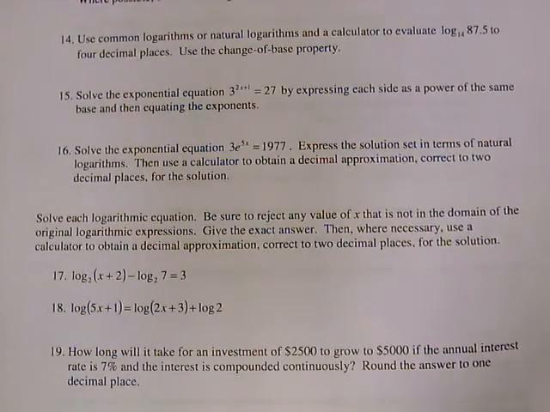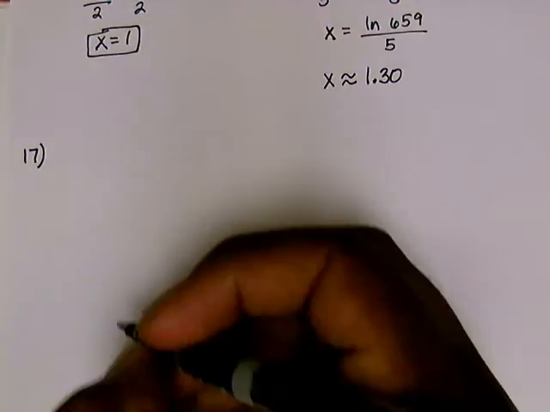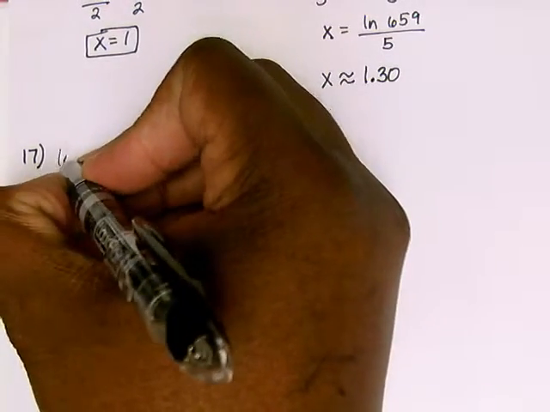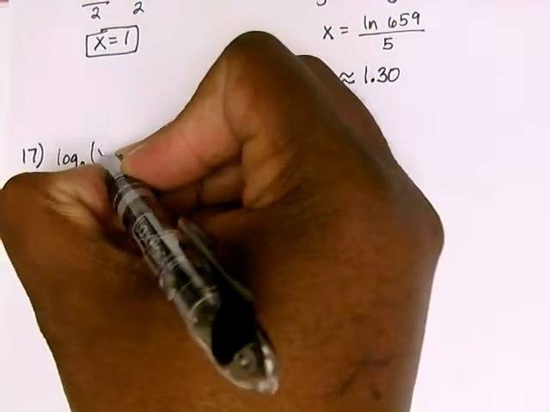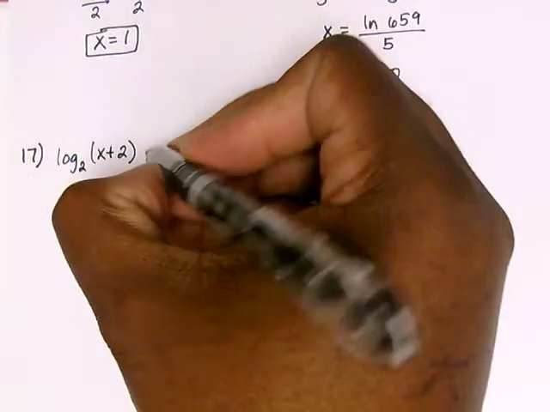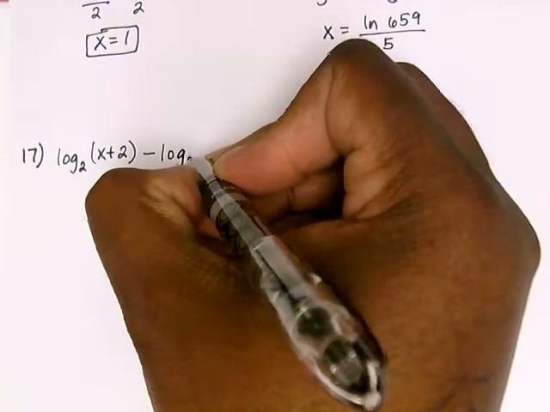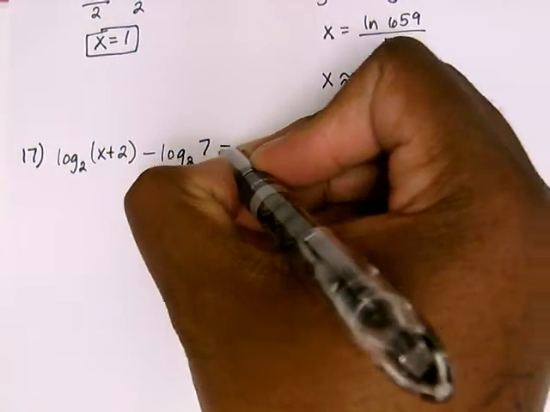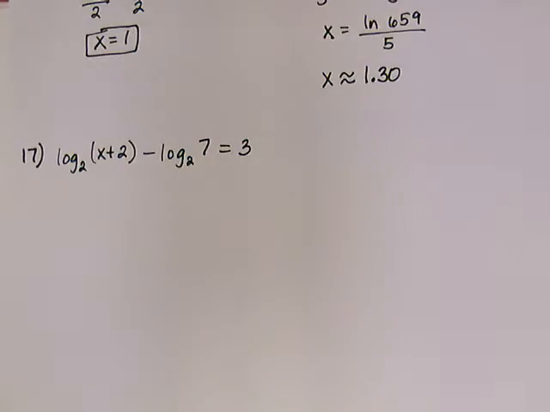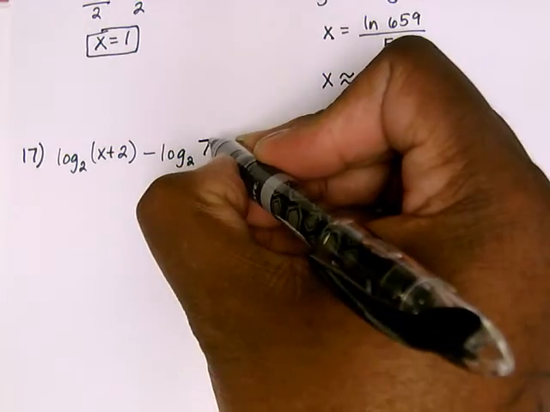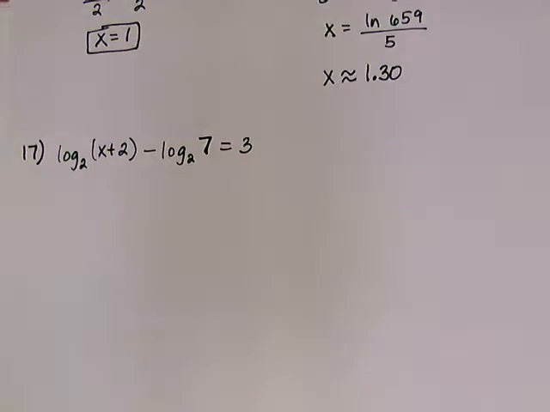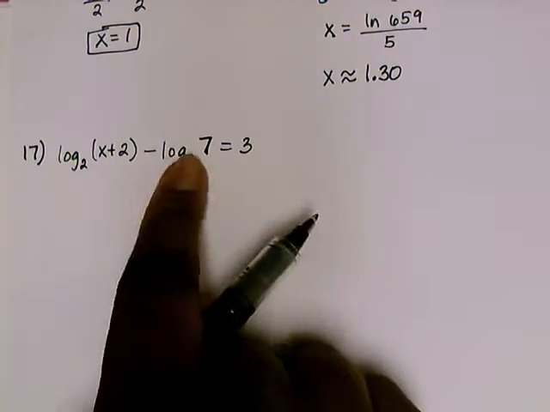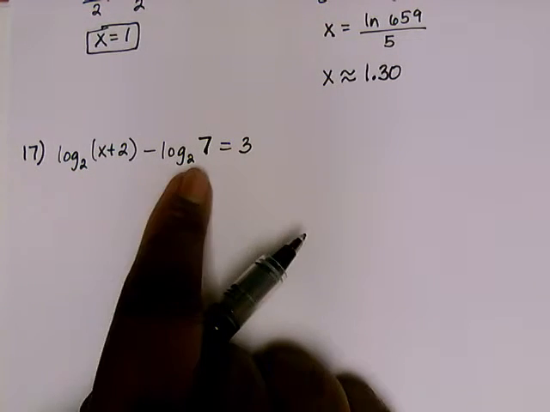So in this case here, we got log to the base 2 of x plus 2 minus log to the base 2 of 7 equaling 3. Alright, in this case here, we need to condense this as a single logarithmic expression.